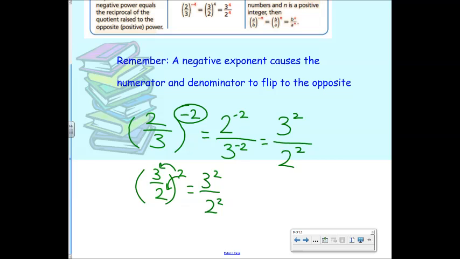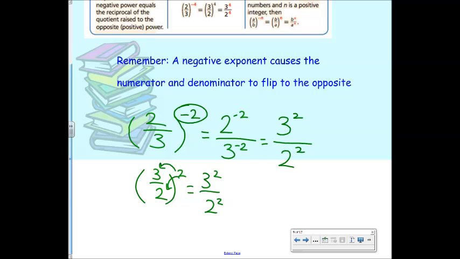Because we don't want negative exponents. Remember, they're ugly, they're uncomfortable, we don't want to do them. So again, I don't care which way you do it. You can either distribute the negative 2 and then flip, or you can flip it and then distribute the positive 2. I think this one's easier because it's shorter, but it doesn't matter. Whichever one you look at and you're like, oh, that makes sense. If you're looking at it and neither of those make sense, just do some practice problems.